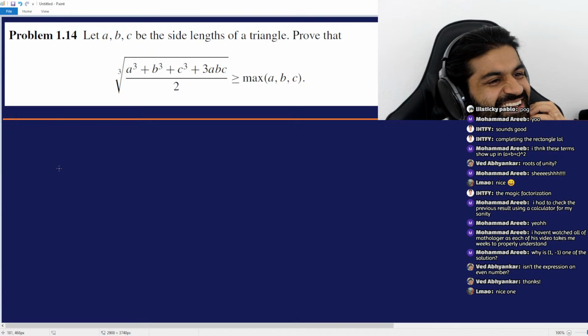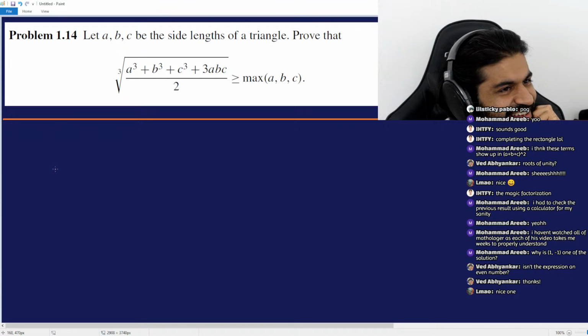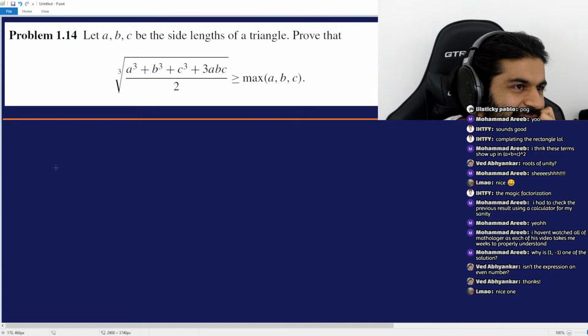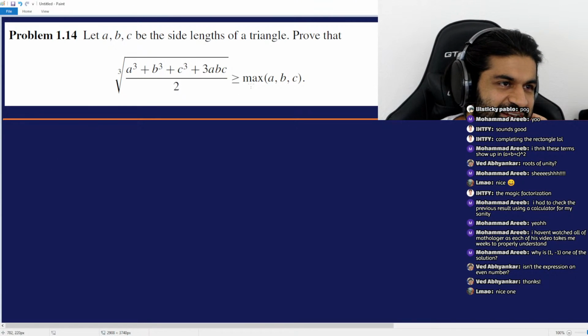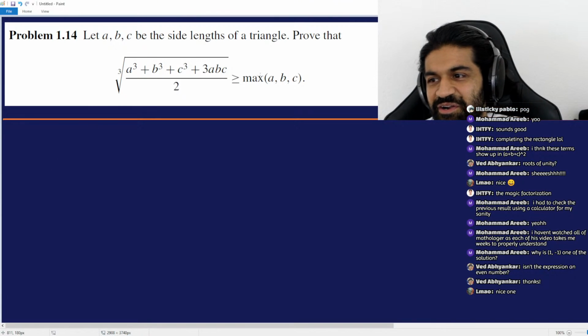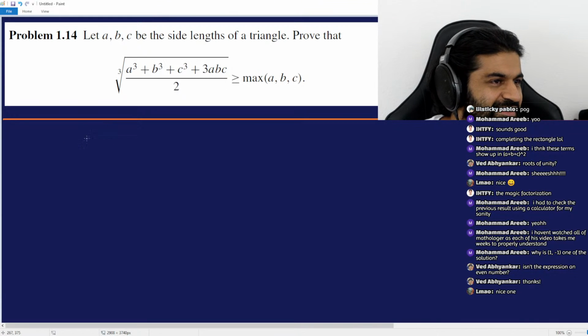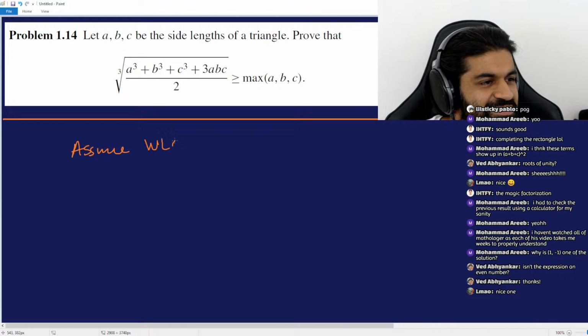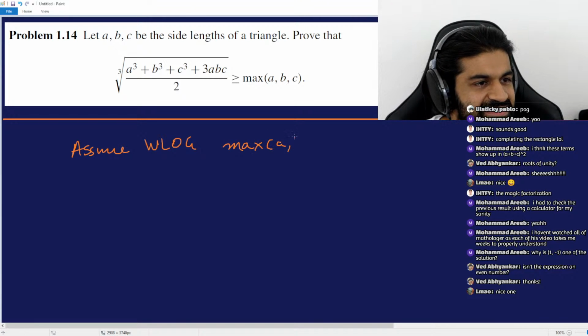Let's see here. We can assume without loss of generality that a is the largest one, right? So assume that the maximum of a, b, and c is just a.